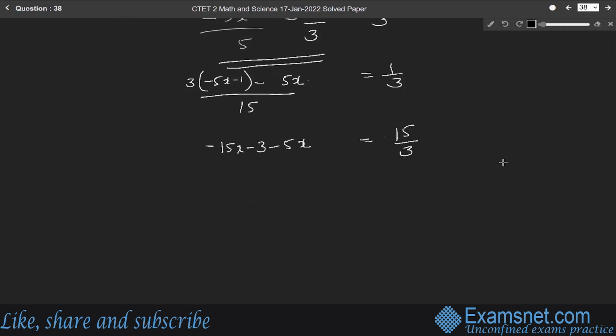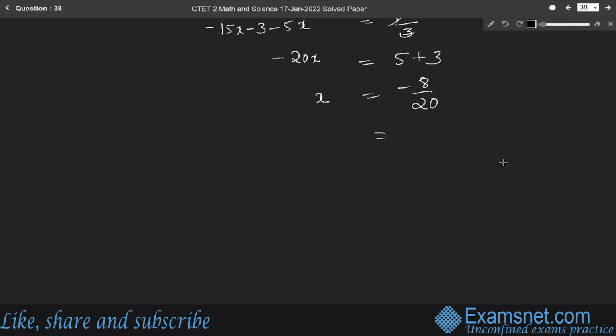Therefore, it is minus 20x is equal to 5 plus 3. Therefore, x is equal to minus 8 by 20. Still we can simplify. Minus 8 by 20 can be written as minus 2 by 5. X is minus 2 by 5.